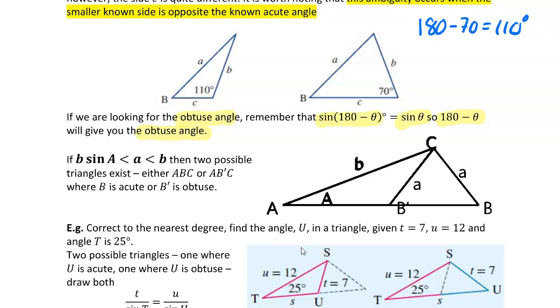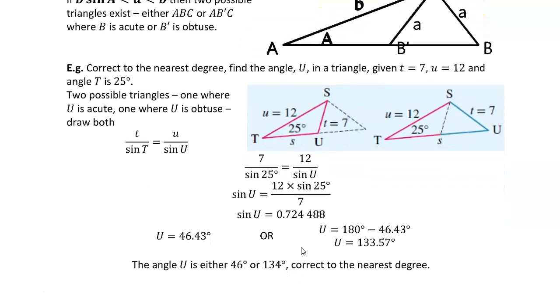Okay, so that means that we don't know whether it's that angle or that angle. We don't know if it's obtuse or acute. Now that's a very complex level of thinking, that higher level one, so maybe not all of you will need to know that, but that's okay.